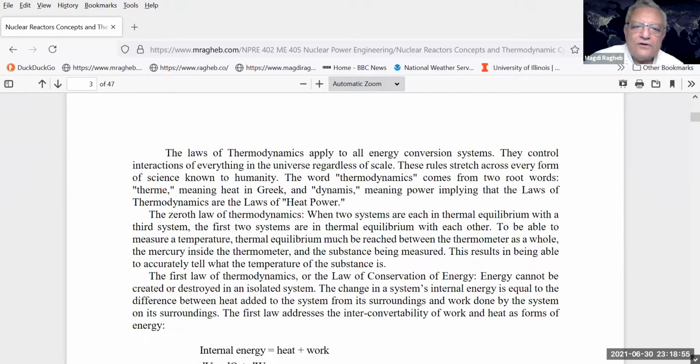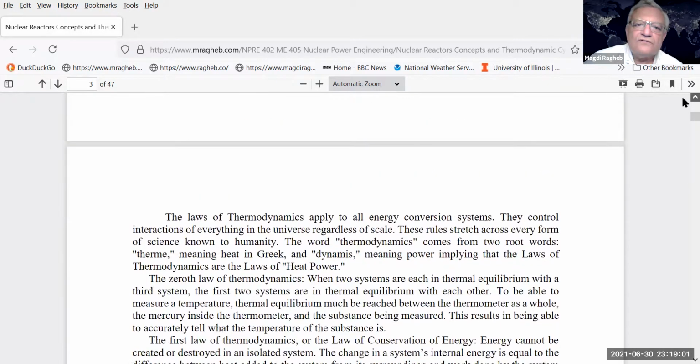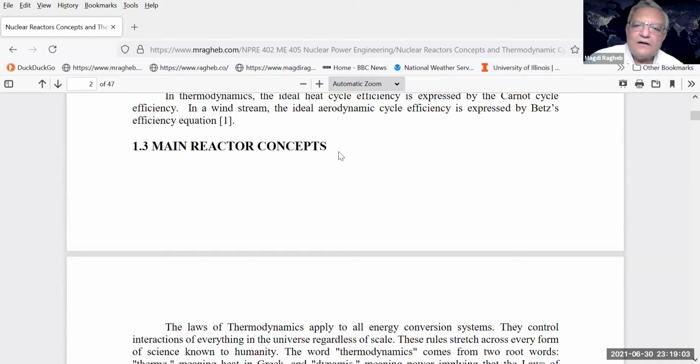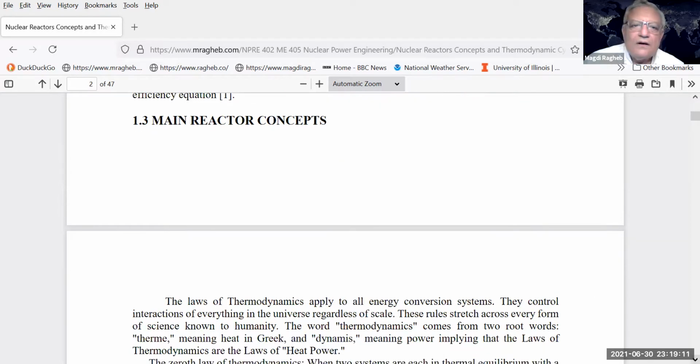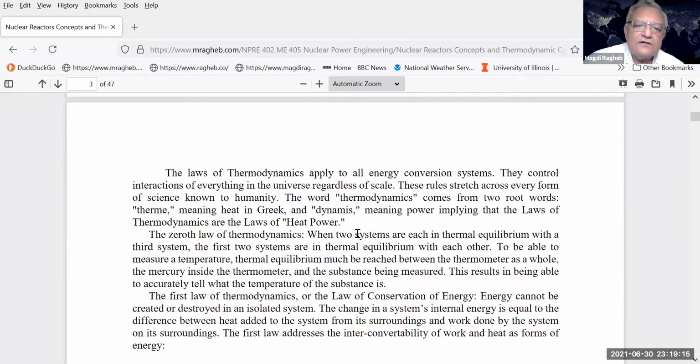If you talk about nuclear energies, you find that we are using different thermodynamic processes. When we concentrate on nuclear energy, it's a thermal process. You'll find that that defines different reactor concepts. Notice again that those energy conversion principles do not conflict in any way with the laws of thermodynamics.